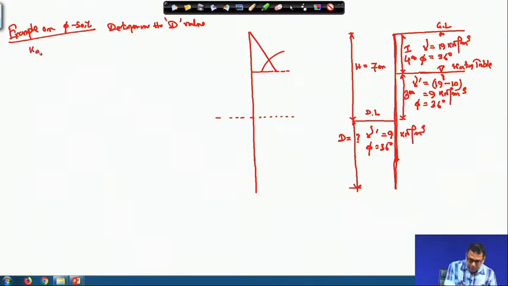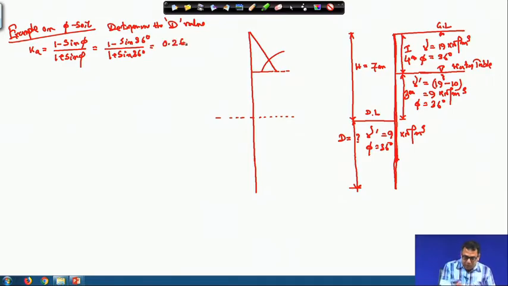First we calculate Ka. If I use Rankine's earth pressure theory, Ka is 1 minus sin phi over 1 plus sin phi, which is 1 minus sin 36 degree over 1 plus sin 36 degree, equal to 0.26. The Kp is 1 by Ka, so 1 by 0.26, which is 3.85, the passive part.